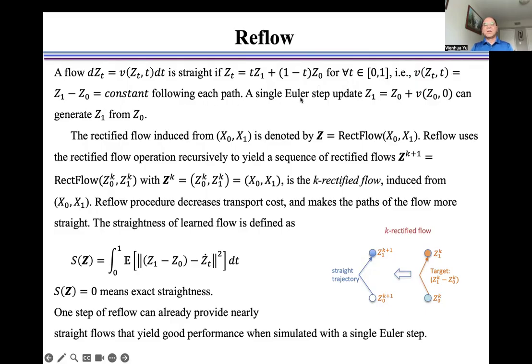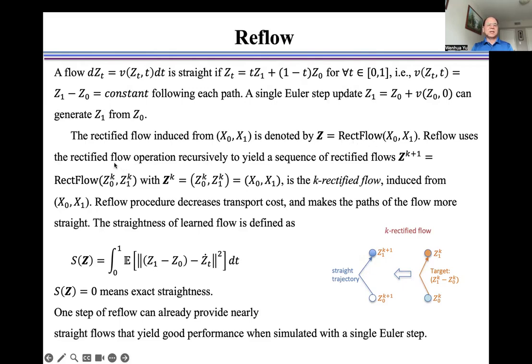A single Euler step update, z1 equals z0 plus v, can generate z1 from z0. The rectified flow induced from x0 and x1 is denoted by Z rectified flow.